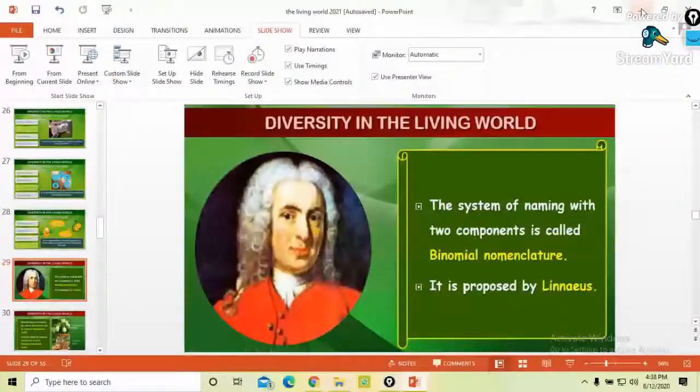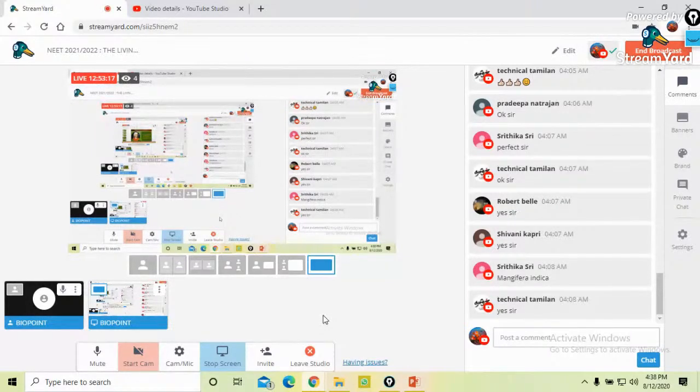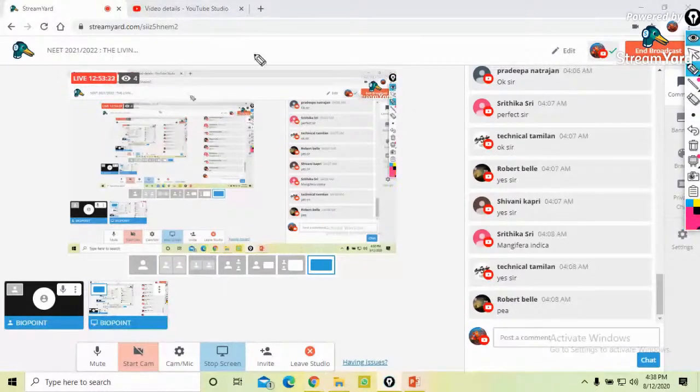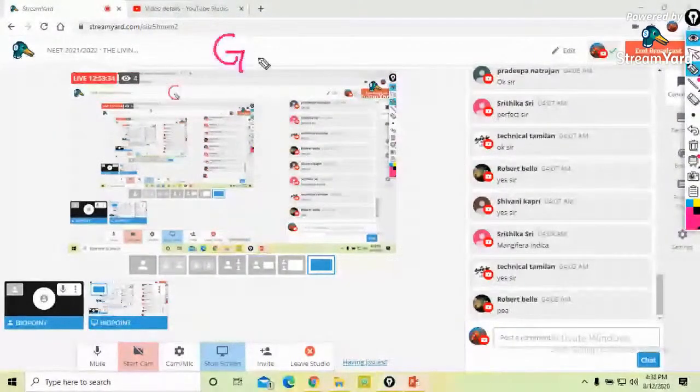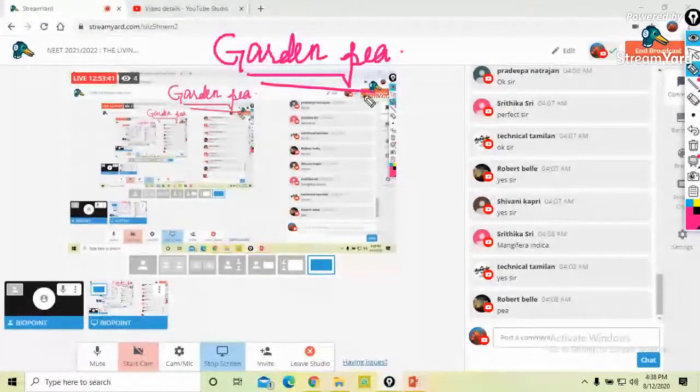Tell me in the chat section fast. Yes, it is pea. Gregor Mendel used garden pea. I am also agreeing. Give me the scientific term for garden pea. Guys, if you don't know, please come and say it faster in the chat box so that I could explain.